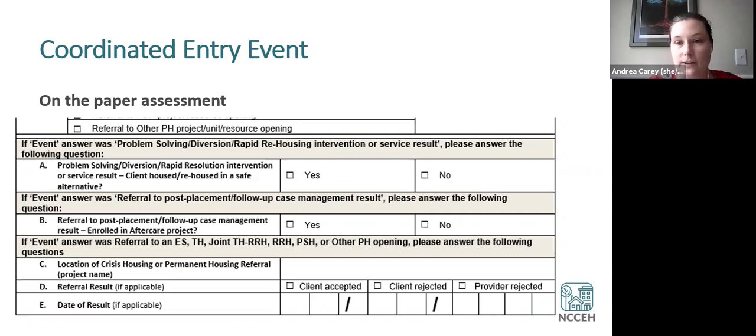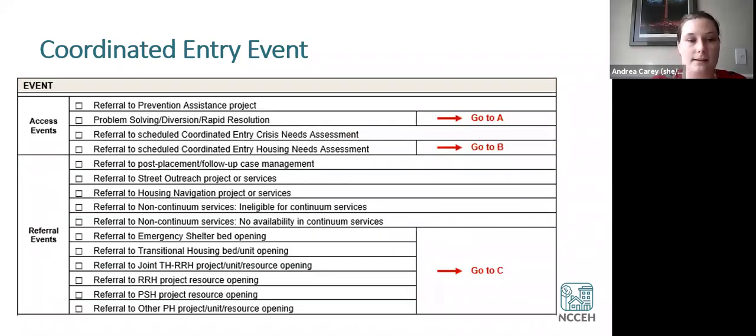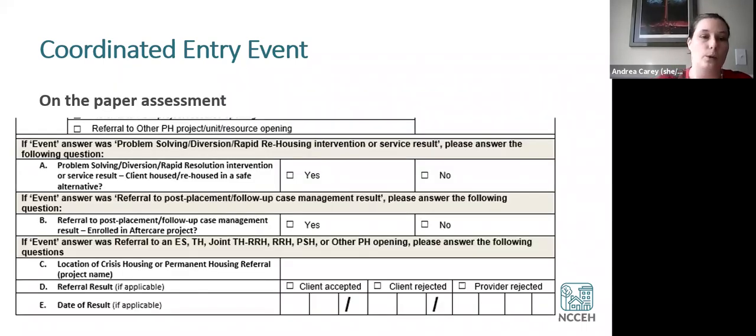So if we have that conversation, we want to record the results. Same thing for referral to post-placement or follow-up case management. If I go back, that said go to B, and B is labeled here for enrolled in aftercare projects. So was that referral successful in getting an enrollment?